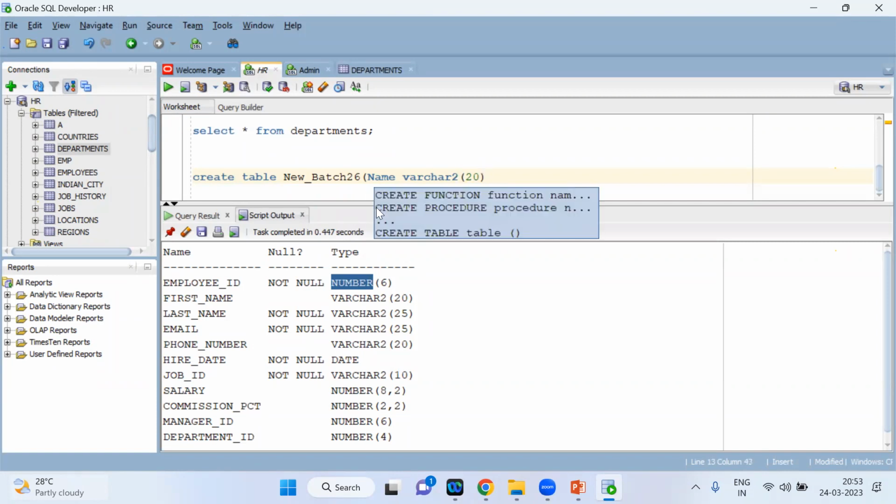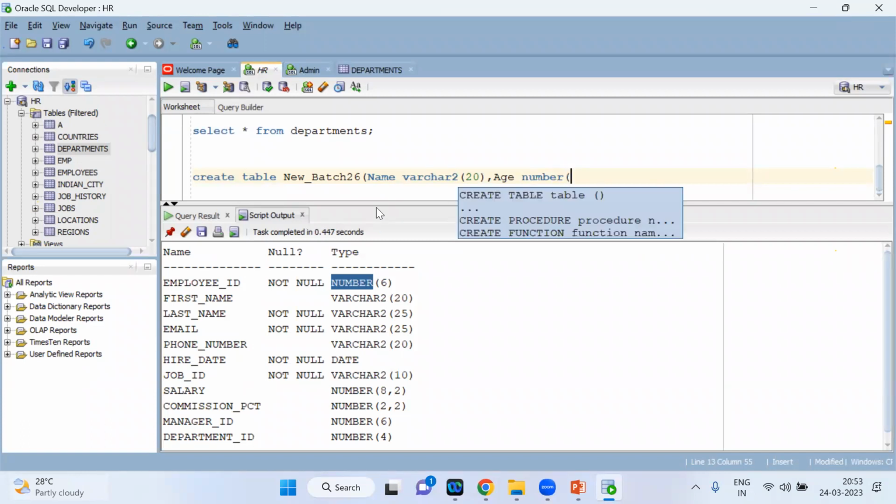You can give the length. If you want to give the age, you can give the number data type. And if you want, you can assign a limit, the length, also. If you don't want to, you don't assign. So you have given age.